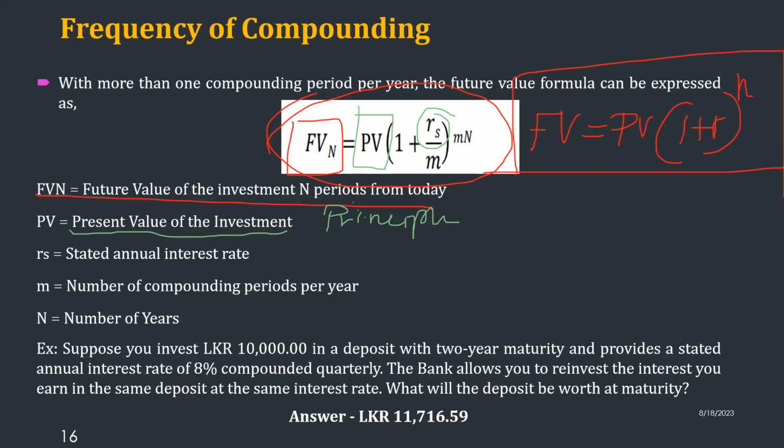As I told you previously, if interest is paid only once per year, then you can straight away use this R, which is known as the periodic interest rate.